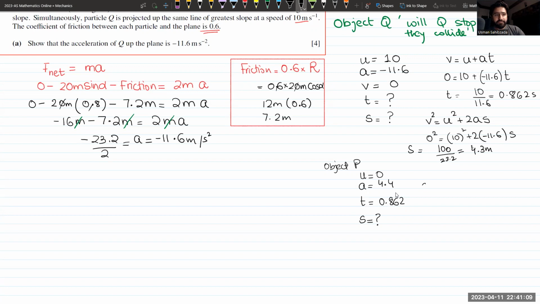That can easily be found by using ut plus half at squared. 0 times t, and there's no use writing 0.862 there, but just to tell you which equation we are using: half times 4.4 times t squared, 0.862 squared. So if someone can work out this value for me: half into 4.4 into 0.862 squared.